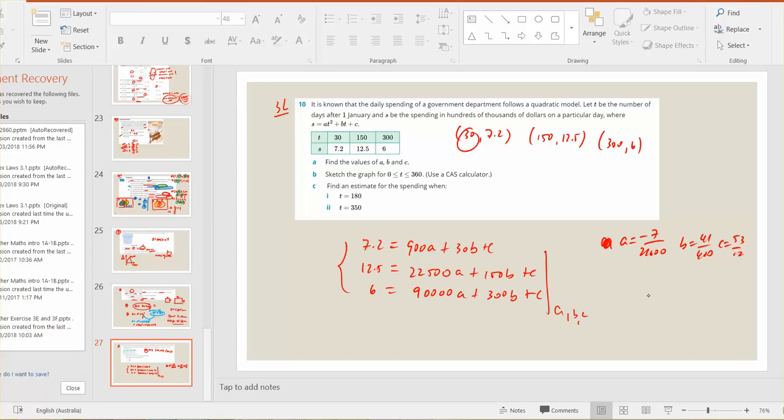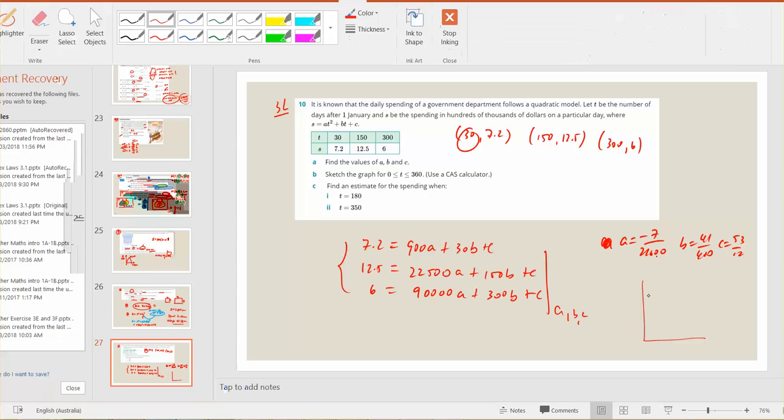Then, to get x-intercepts, use G-Solve, Root. We don't want a negative value because that means negative 38 days, which doesn't make sense.